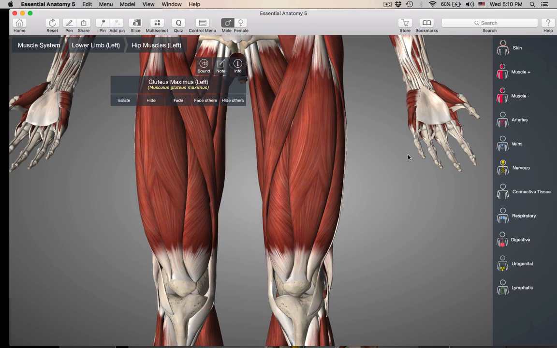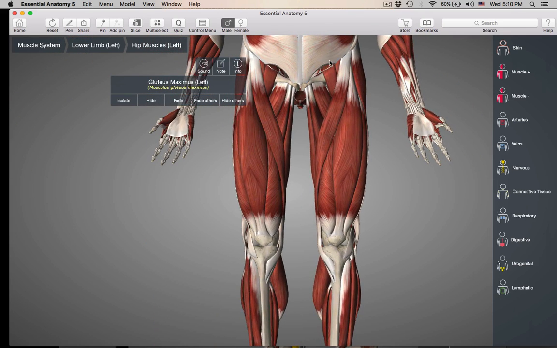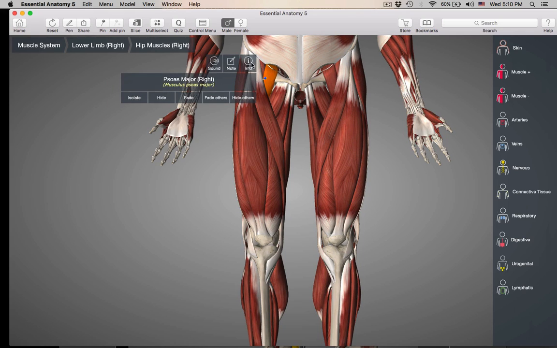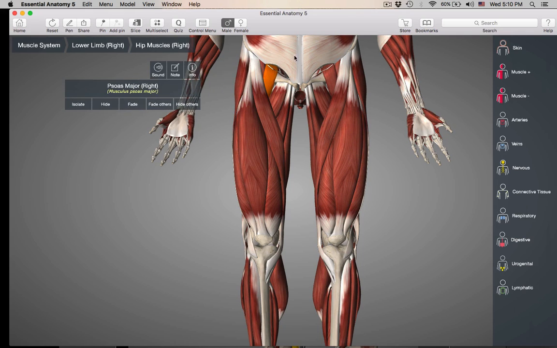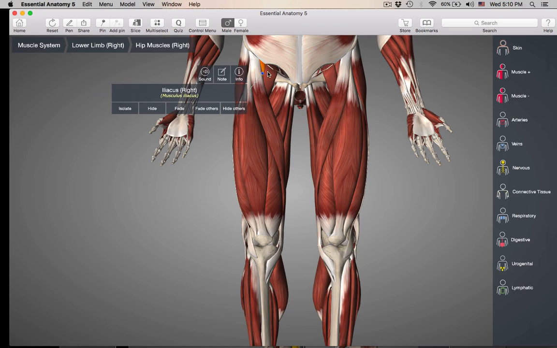And on the front side, we had our psoas major. The bulk of the muscle obviously is up in the abdominal cavity. The iliacus, and together they're going to make up the iliopsoas once they come out underneath the inguinal ligament.